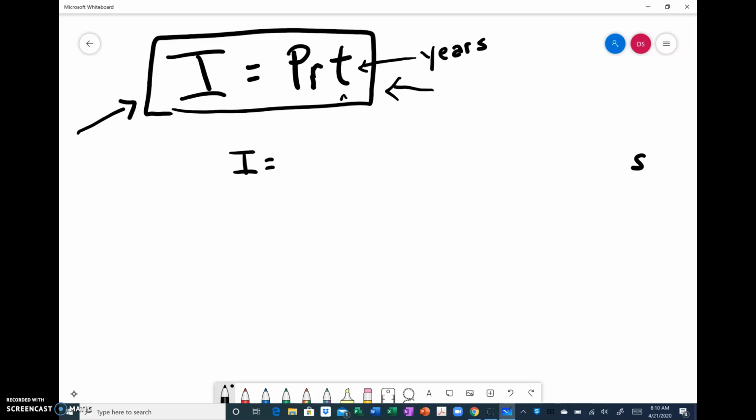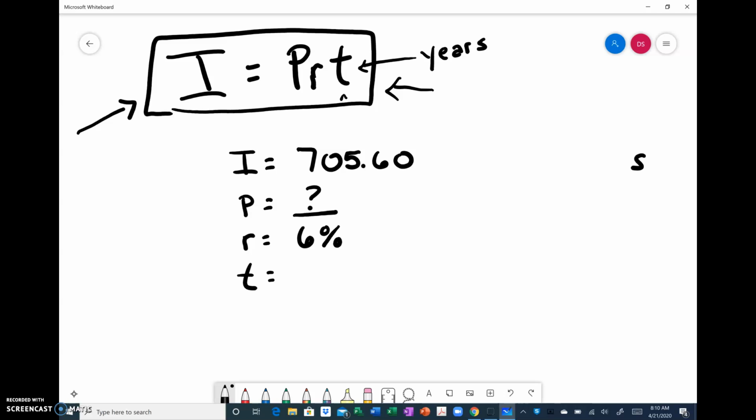Interest equals $705.60. P is what you're looking for. R, 6%. And T is 2 years. Okay?